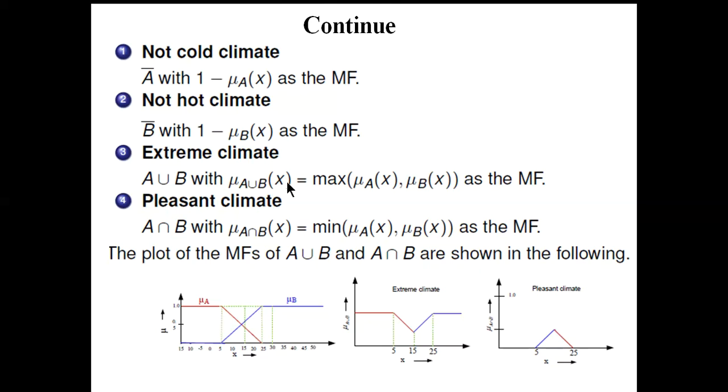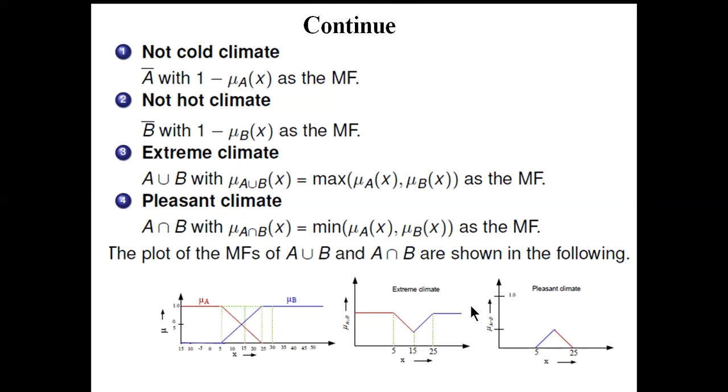So A union B is the max of mu A of x and mu B of x, which denotes the extreme climate. If we make the union between A and B, we have to find the maximum value of both mu A and mu B, so extreme climate is given by this.